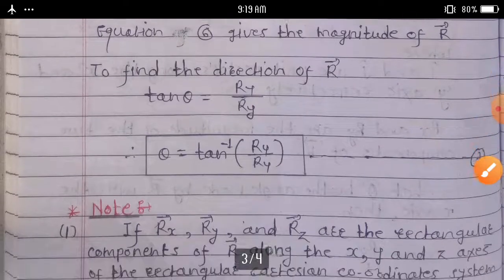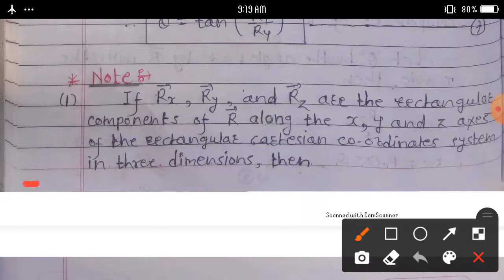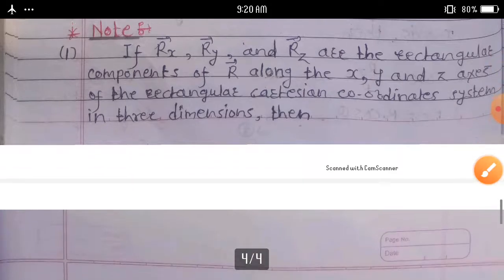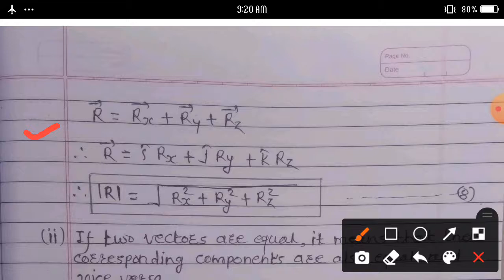Some notes we can prepare here. First note: if Rx bar, Ry bar and Rz bar are the rectangular components of R bar along the x, y and z axes of the rectangular Cartesian coordinate system in three dimensions, then R bar is equal to Rx plus Ry plus Rz.